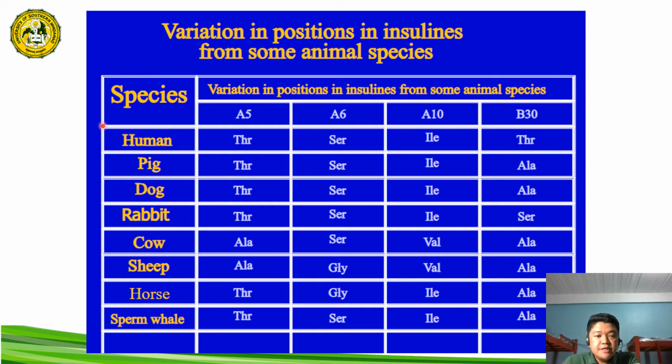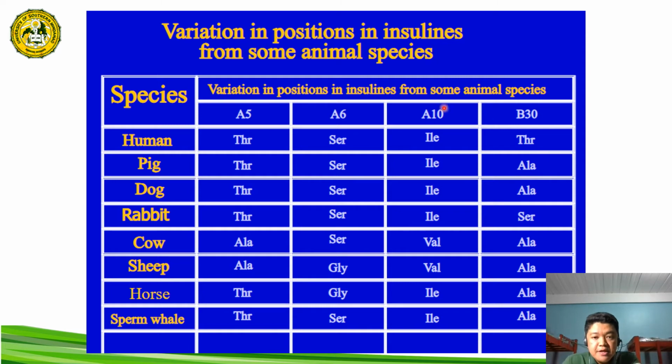So as you can see here, for human, pig, and dog insulins, they are almost the same in the sequence of their amino acids, but they only differ at the 30th amino acid of the B chain.